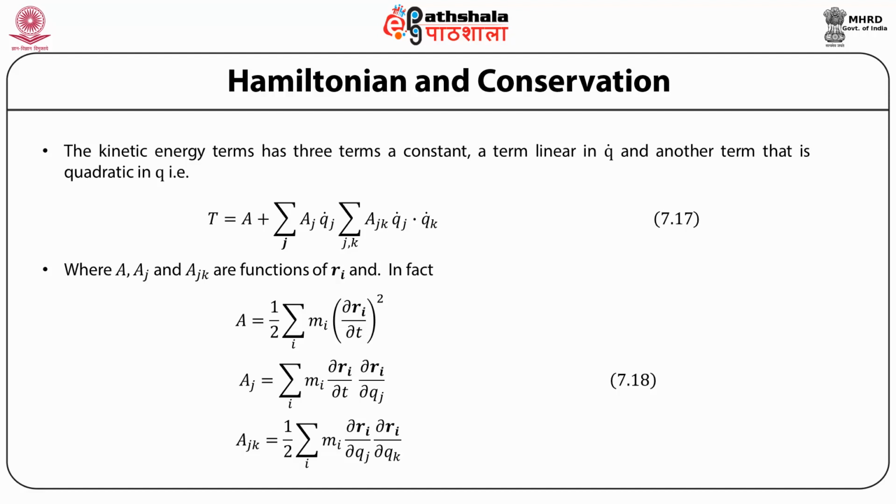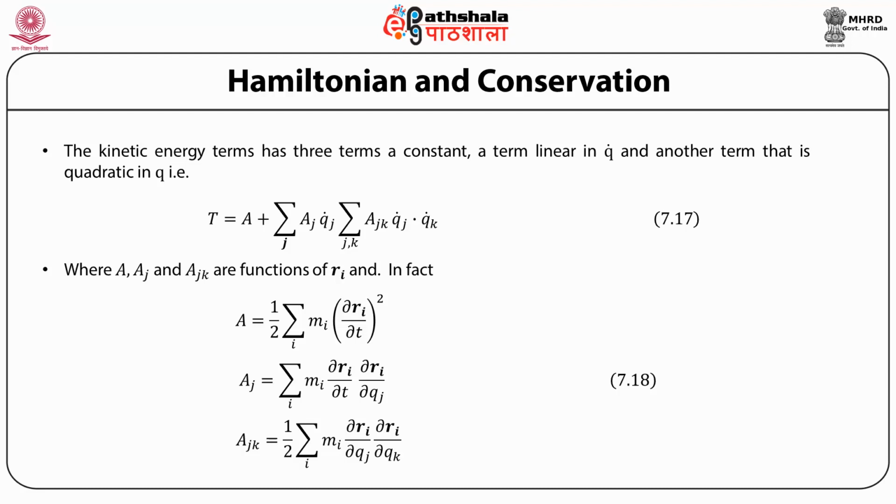Now, if the constraints are holonomic and scleronomous, the transformation equations do not contain the time explicitly, and in that case, the partial derivative of the coordinate ri with respect to t is 0. Therefore, the kinetic energy term does not have a constant term or a linear term.